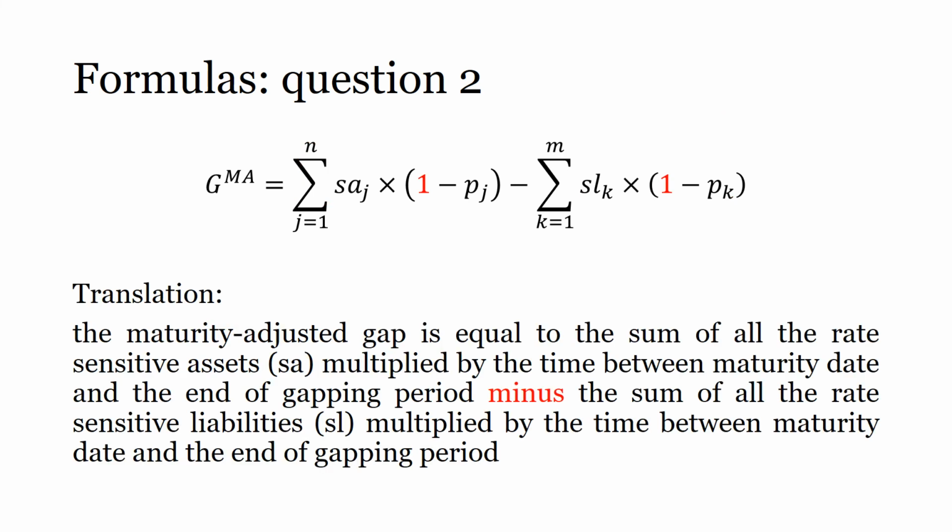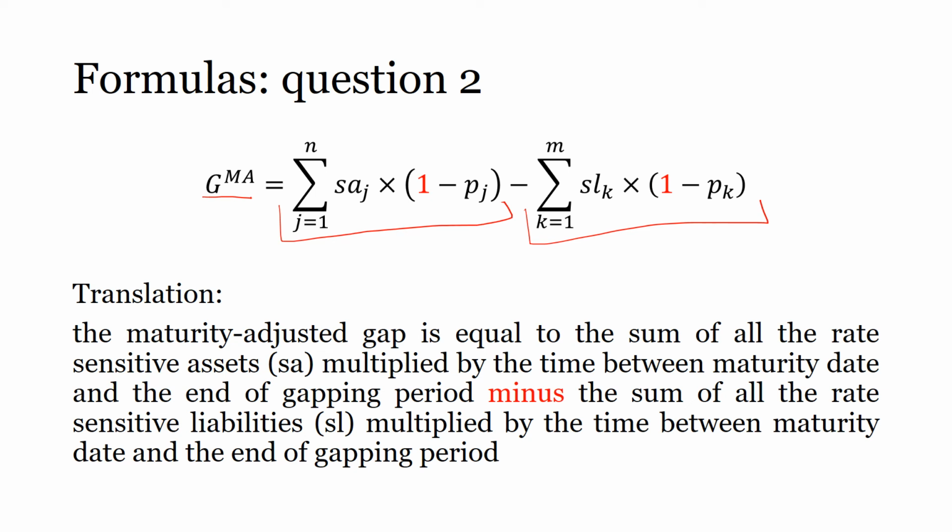Now, if you translate this in plain English, all this formula means the following. The maturity adjusted gap is equal to the sum of all the rate sensitive assets multiplied by 1 minus the time between the maturity date and the end of the gapping period, minus the sum of all the rate sensitive liabilities multiplied by the time between maturity date and the end of gapping period.